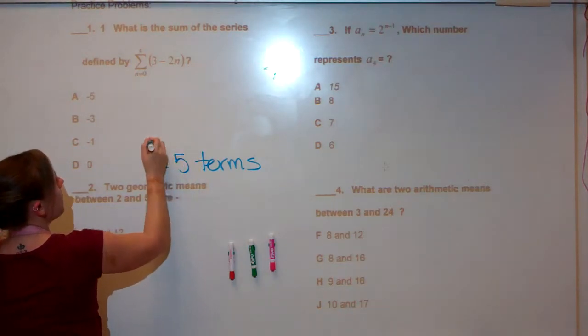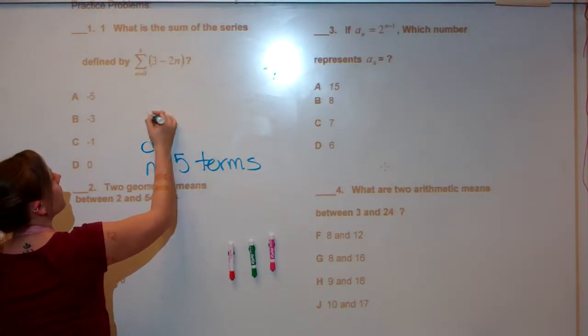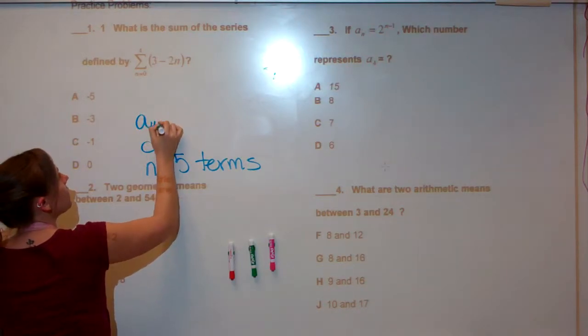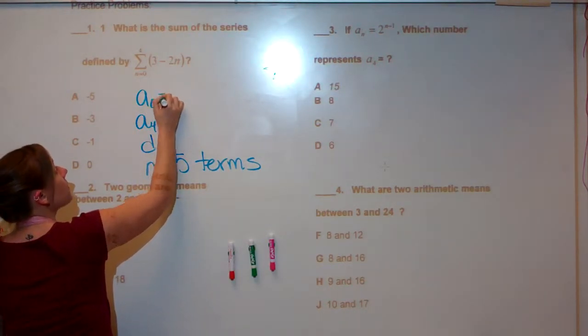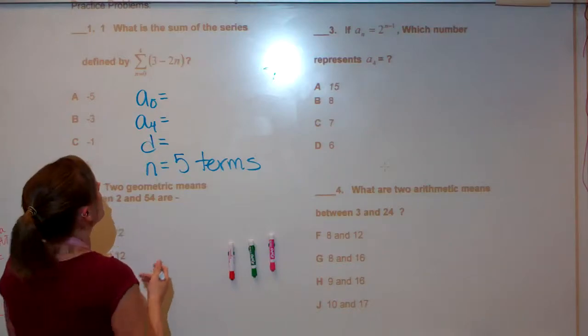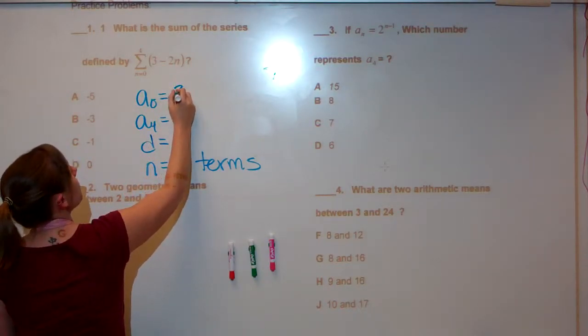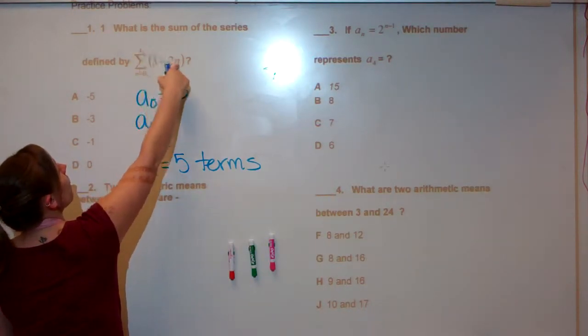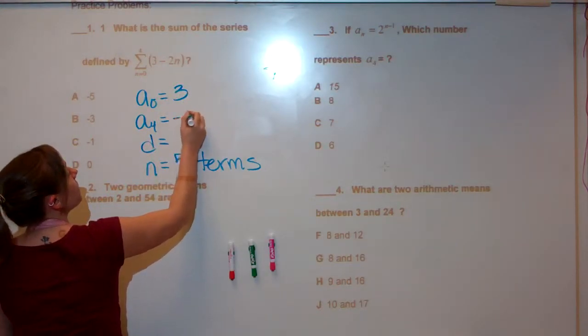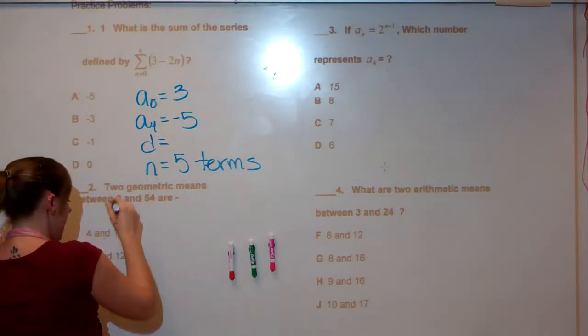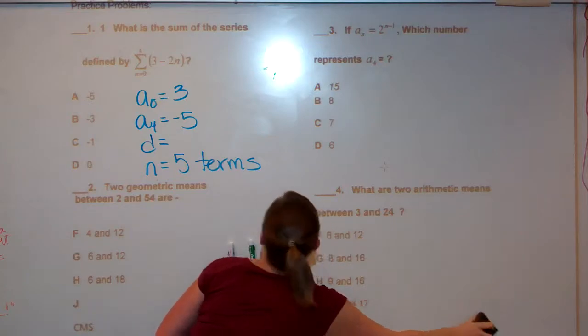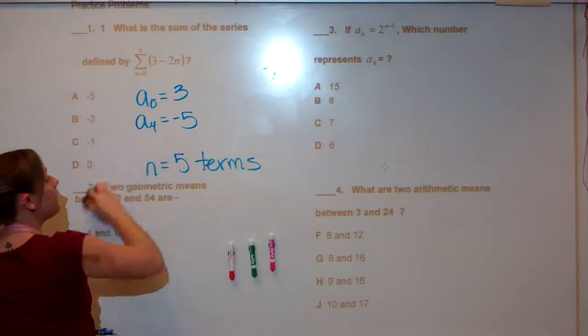Then the difference, the last term, which would be the fourth, and the first term in this case would be 0 because you're putting in a 0. So if you put in 0, you get 3. If you put in 4, you get 3 minus 8, which is negative 5. And actually, you don't need the difference when it comes to the sum formula.